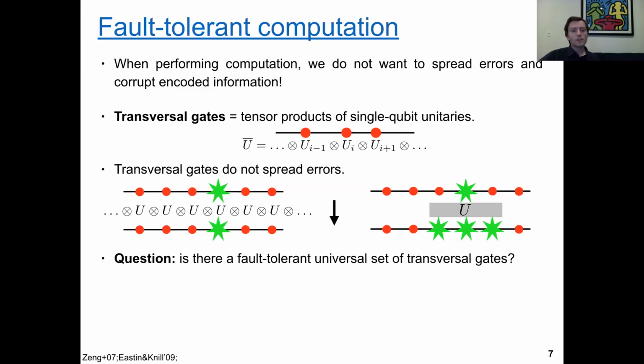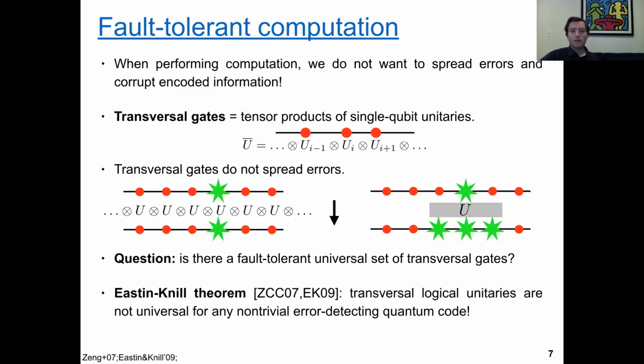So a natural question one asks is whether there exists a fault-tolerant universal set of transversal gates. Because if such a set existed, we would be done with the problem of fault-tolerant universal computation. We would just implement logical operations using transversal gates.